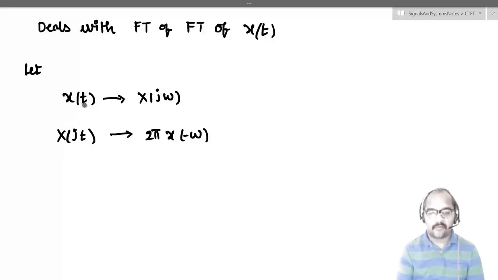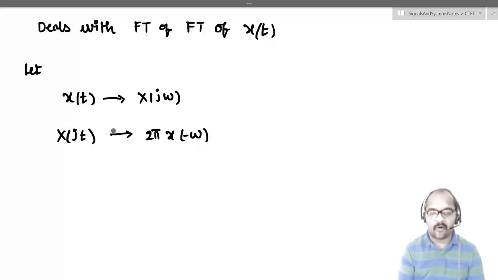So if you take the Fourier transform of a signal, you get X of j omega, you replace omega with t, you get a time domain signal, and again if you take the Fourier transform, you get 2 pi times x of minus omega. Means what?